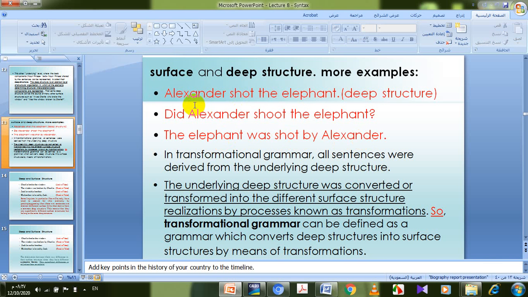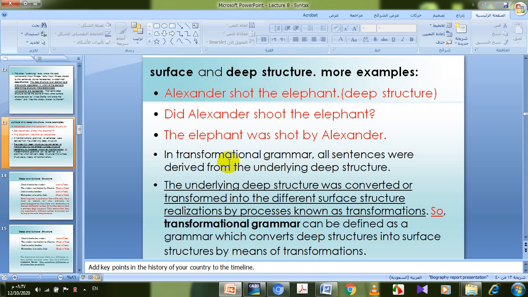These are surface structures. Superficially, they seem to be different, but in reality, they belong to the same deep structure, and they are almost identical because they have the same components in the representation.